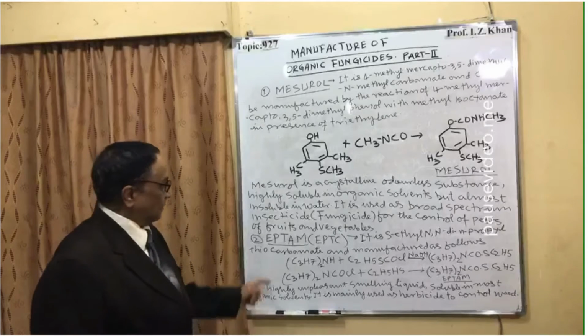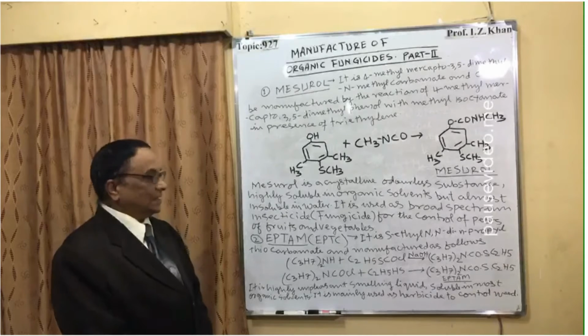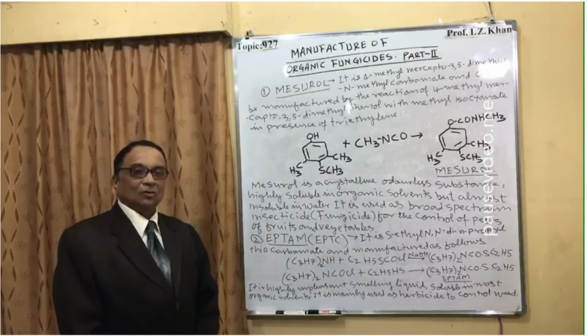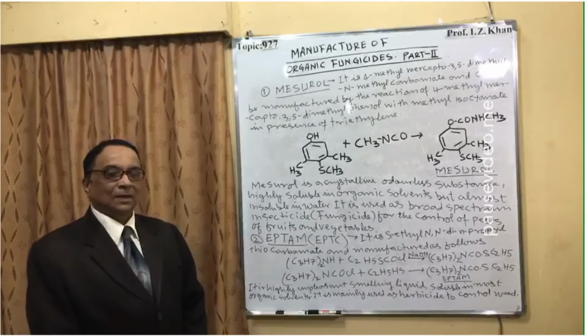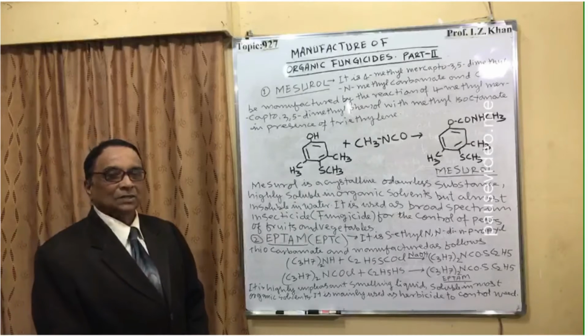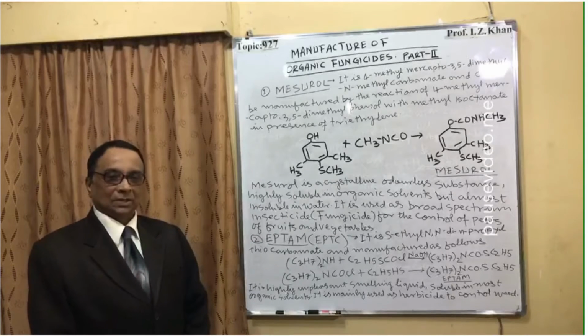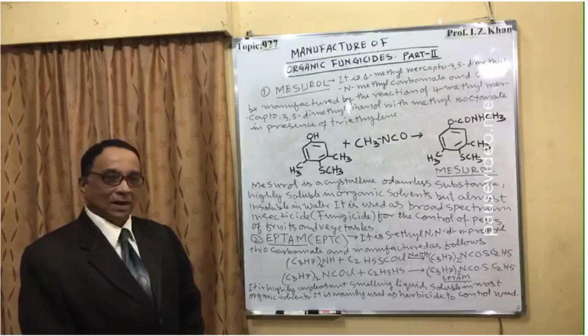Number 2, Eptom, which is commonly known as EPTC. Eptom or EPTC is also a thiocarbamate derivative, and it is mainly used as a herbicide. Of course, it is effective against pests and fungal growth also.